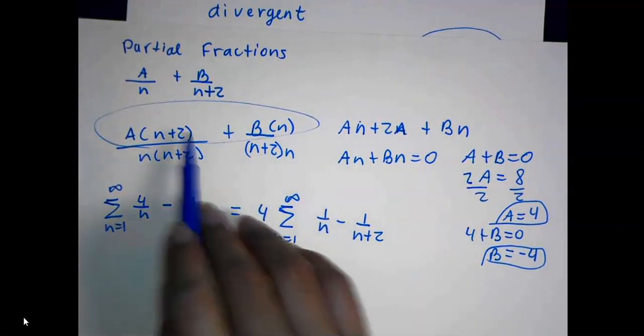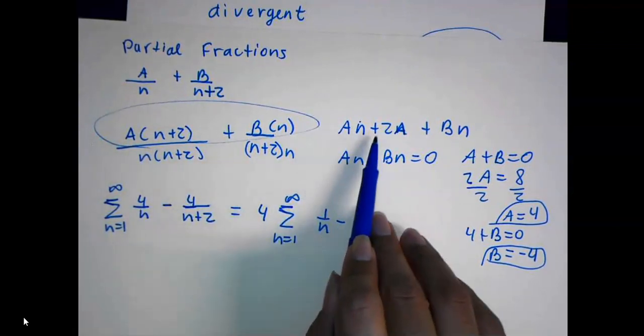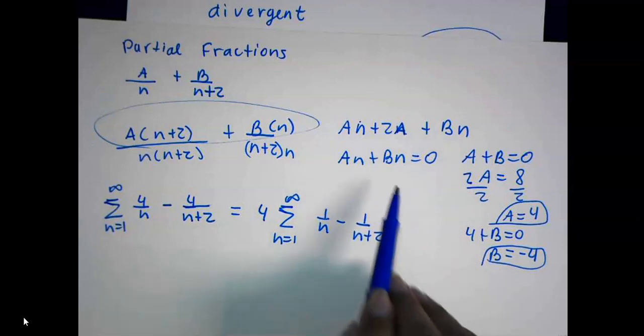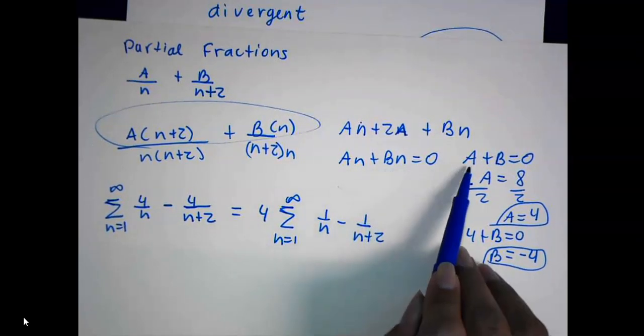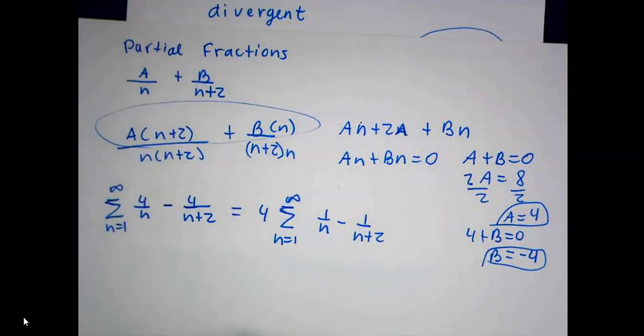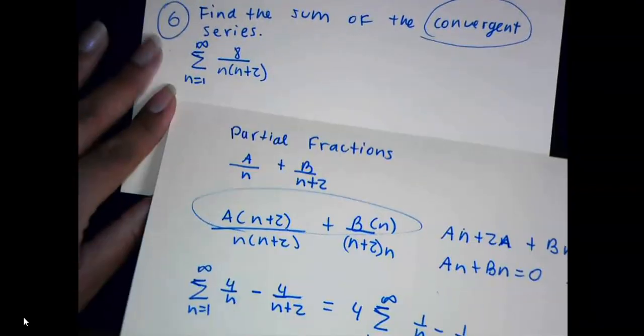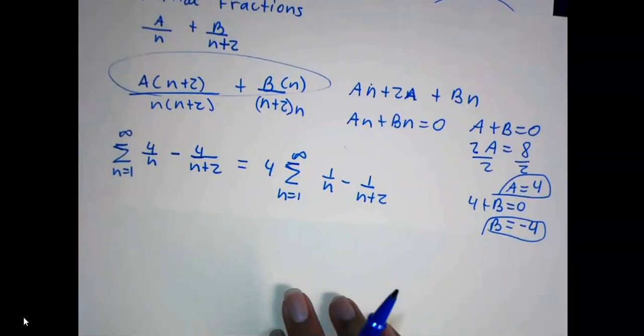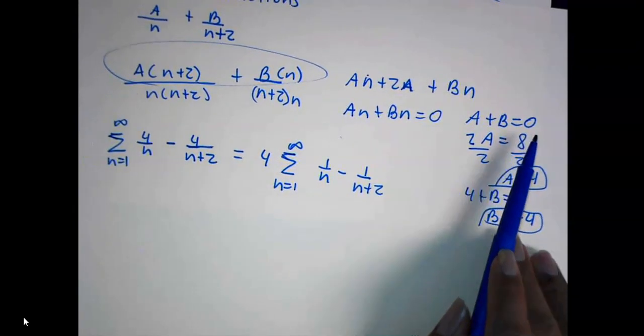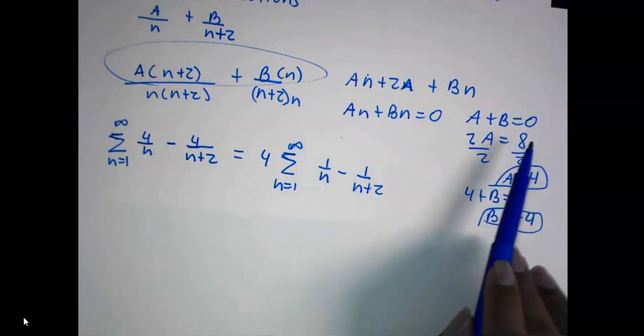So then I distribute the A, and I have An plus 2A plus Bn. Which ones have the n? The An plus Bn. That means A plus B. And if I look at the original problem, there's no n, so that is 0. That's why I put A plus B equals 0.